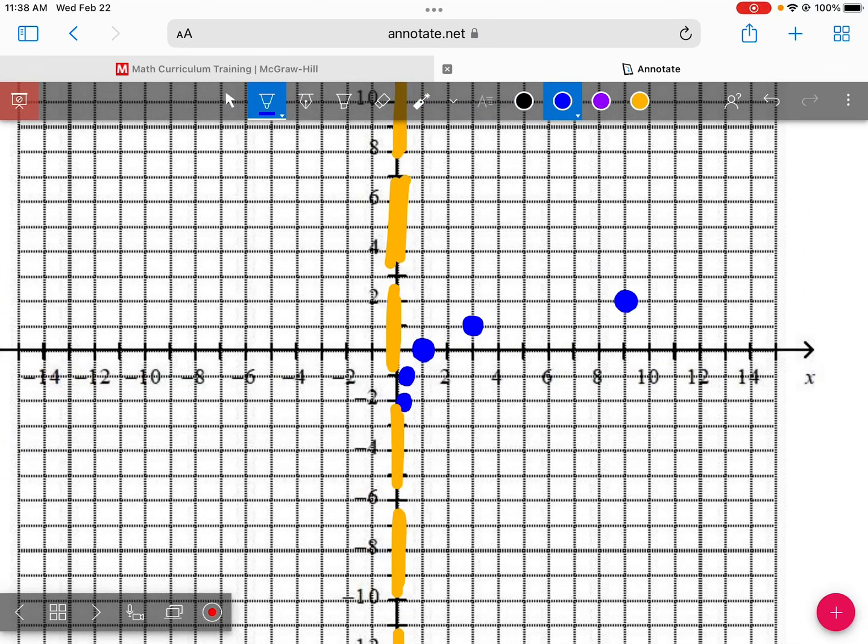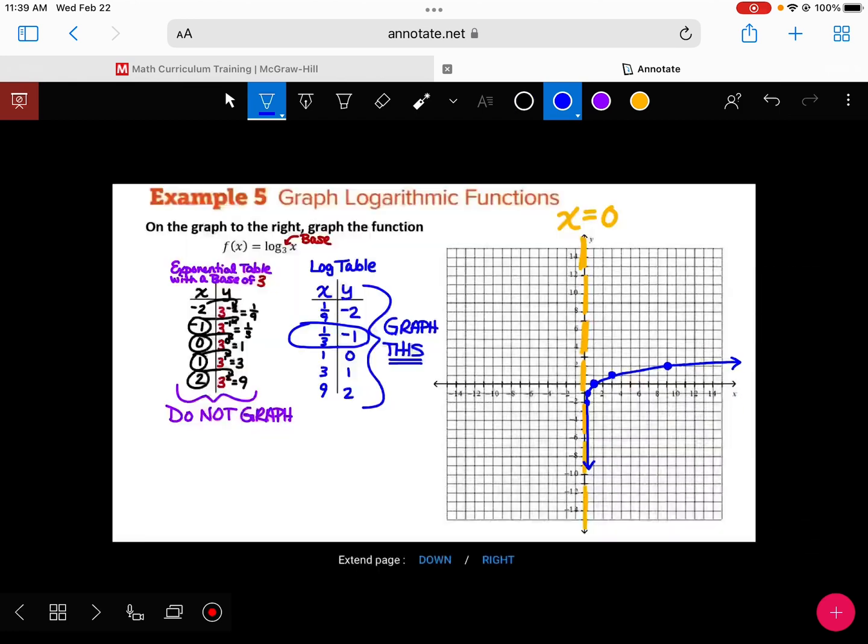It's never going to cross the y-axis, so it's going to hug right along here. And then it's going to curve through those points that we plotted. So far, so good?